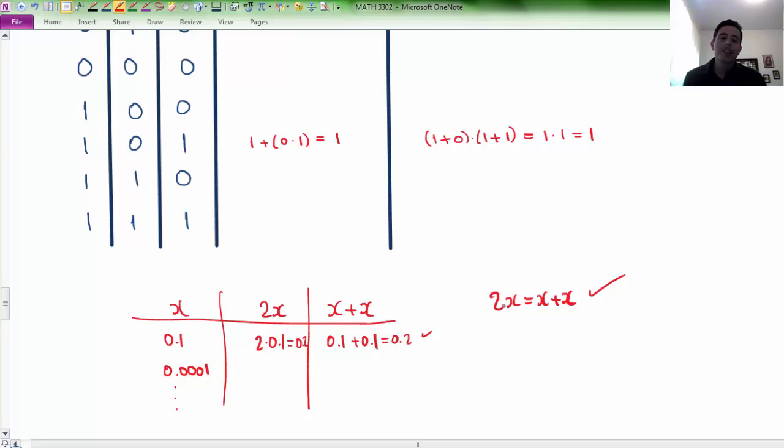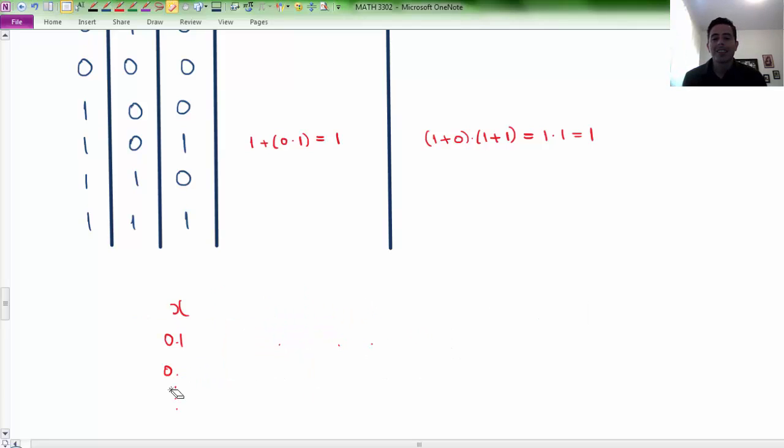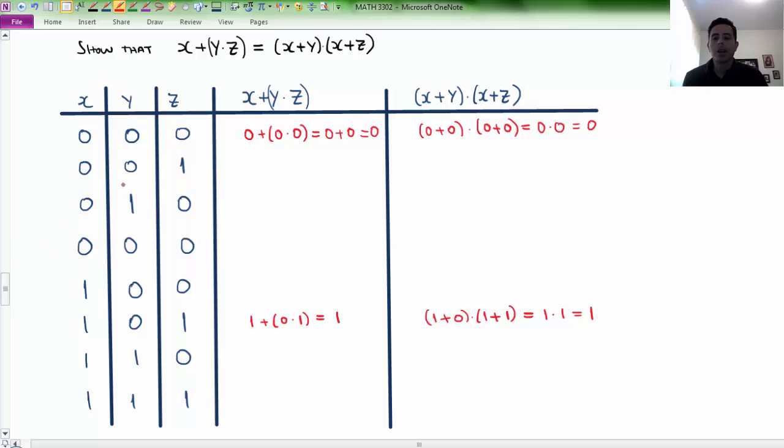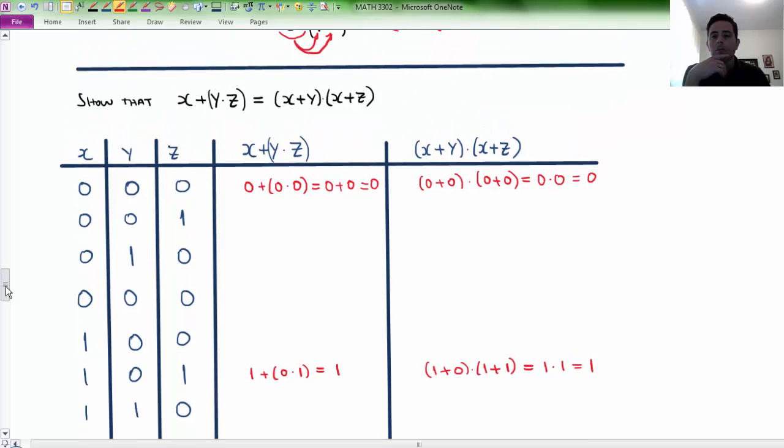The reason we know that 2x is equal to x plus x is that it's one of the basic arithmetic properties that you learned a long time ago. But Boolean algebra is a new type of algebra that you've probably seen for the first time. Then we can simply prove the formulas through truth tables.